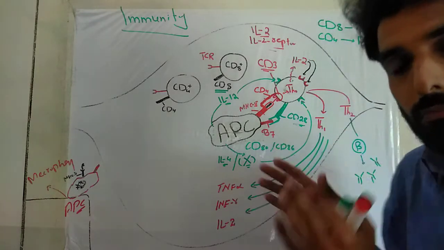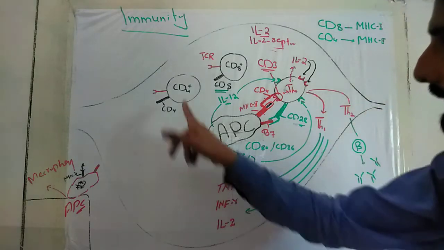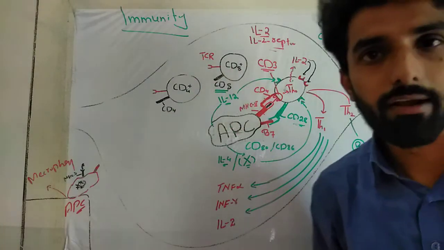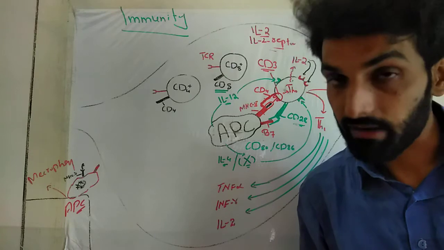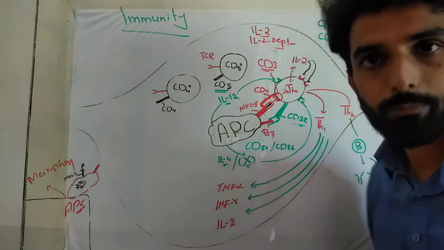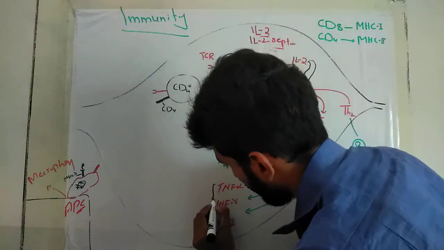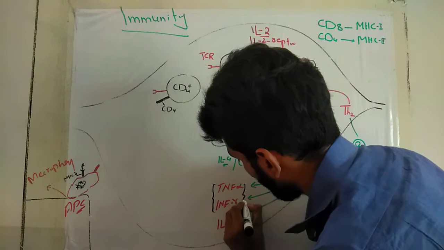Okay, now Th1 has basically two functions. The one I have explained in the previous part of the lecture, that it will activate this cytotoxic T cell, CD8 cell. This is the first function of Th1 with the help of this interleukin 2. Now, why is it releasing tumor necrosis factor alpha and interferon gamma?